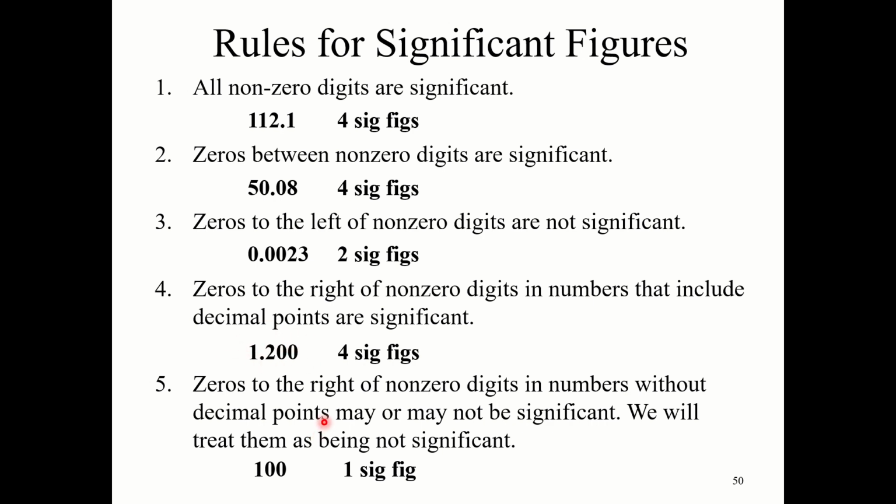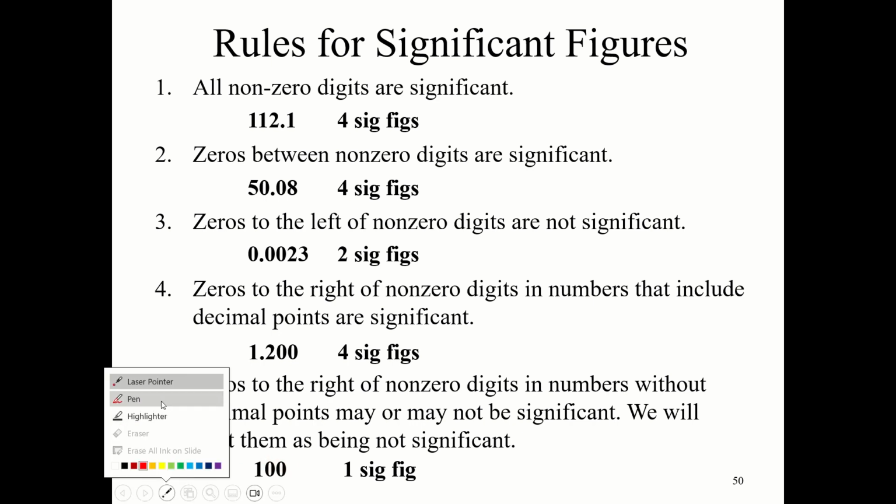Now, if the number does not have a decimal place, we're going to treat those zeros as being non-significant. So 100, the 1 is significant. These two zeros are trailing zeros, and the number does not have a decimal place. So this has 1 sig fig.